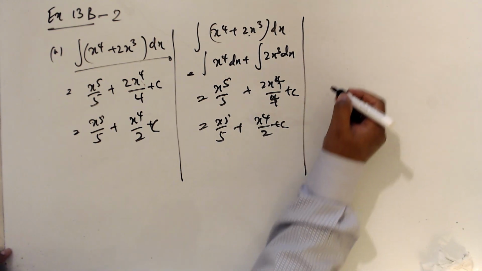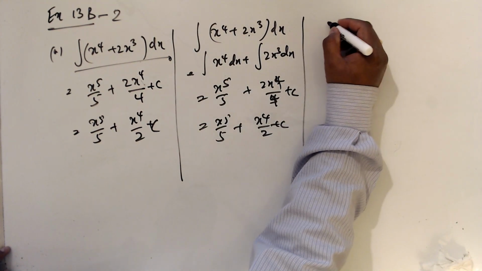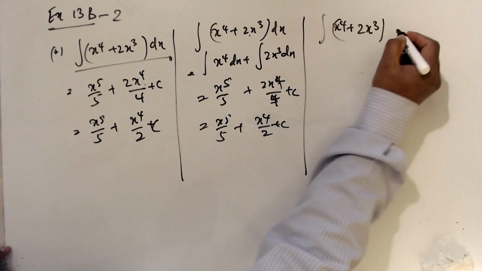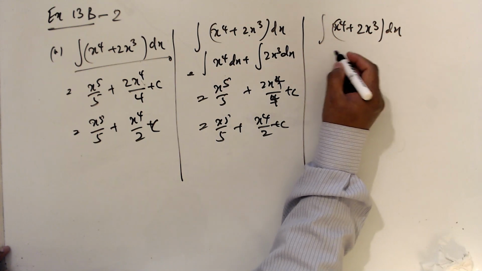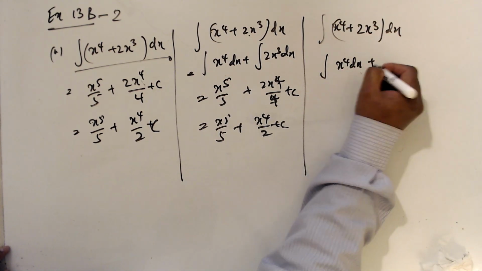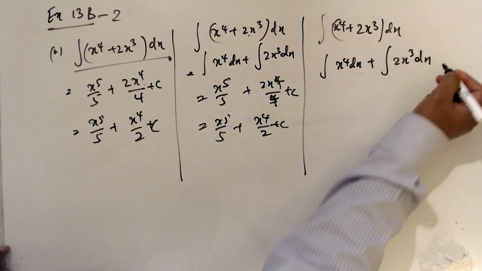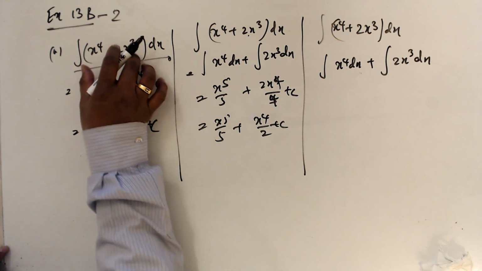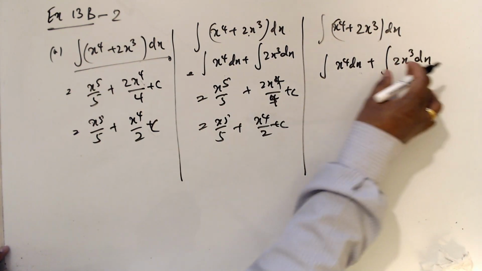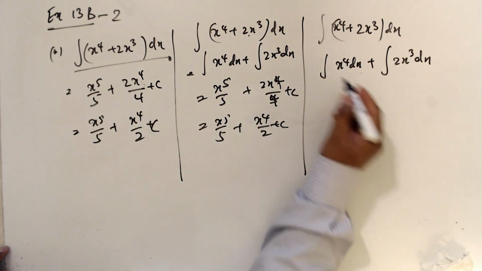The best way of writing this is, I'll write this one first, the integral of x^4 plus 2x cubed dx. Then we bring in the separation like this. Integrating the whole means integrating piece by piece, which makes the whole.